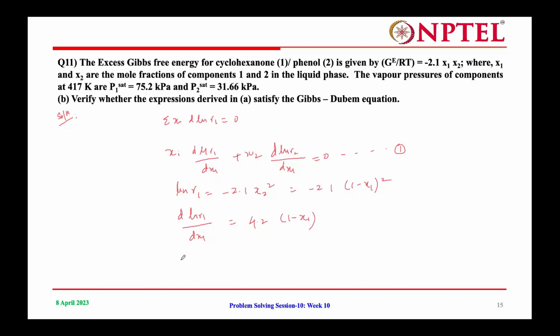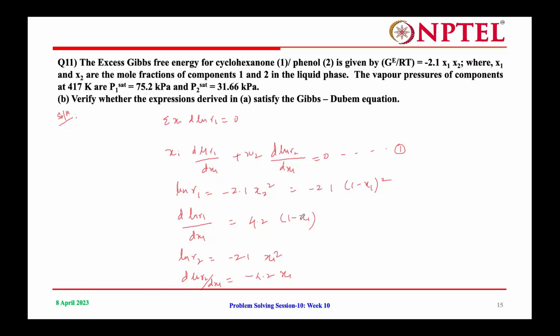Similarly for ln gamma 2, it is minus 2.1 x1 squared. Differentiate with d x1: minus 4.2 x1.